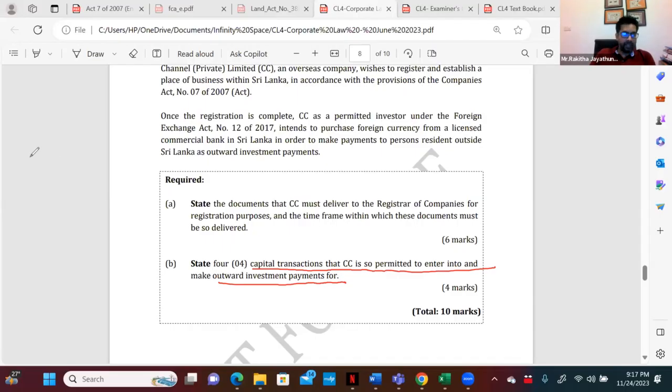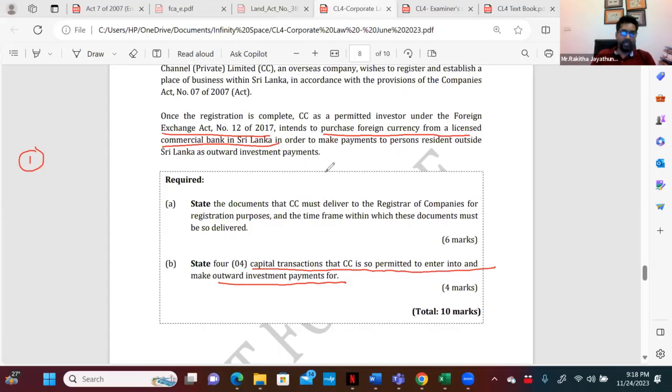Now, one is, so here, this company is an overseas company. It is permitted by the Foreign Exchange Act number 12 of 2017 to purchase foreign currency from any licensed commercial bank in Sri Lanka as an authorized dealer.